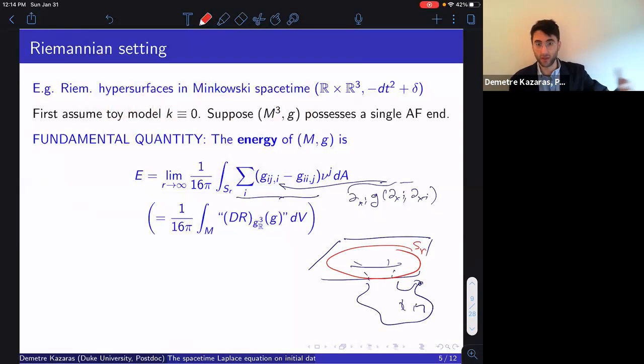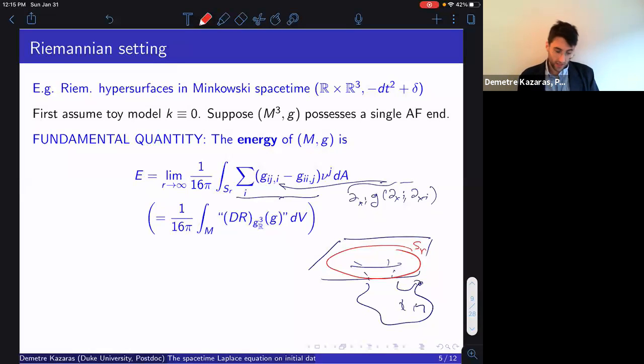It would be phi inverse of literally the vectors in R3 of length r. Okay, so you compute this integral, and then you do this for every r, and you take a limit as r goes to infinity. That turns out to be a geometric invariant under a suitable situation: the scalar curvature is integrable, and this asymptotically flat condition.